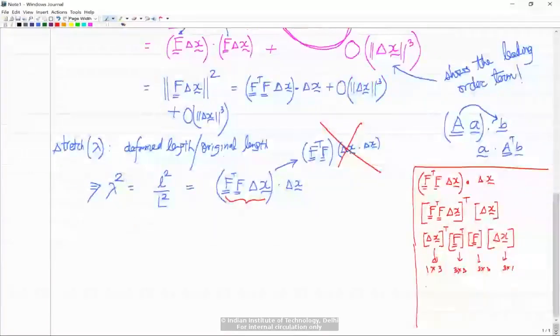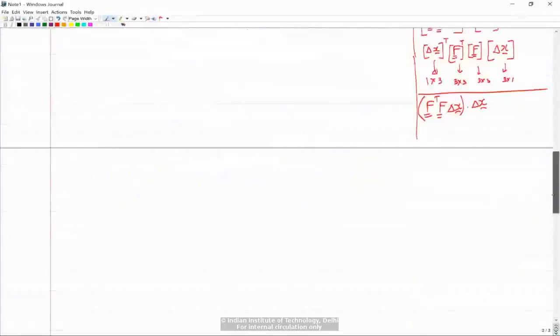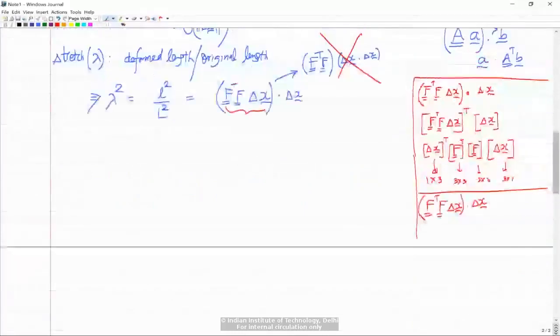Let me start with the original problem. This F transpose F. But if somebody mistakenly writes it as F transpose F into delta x dot delta x, because you thought, what's wrong?